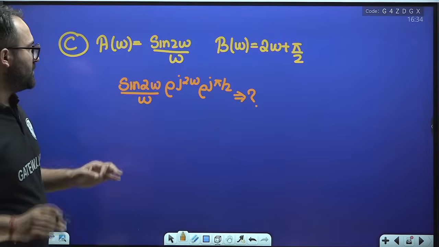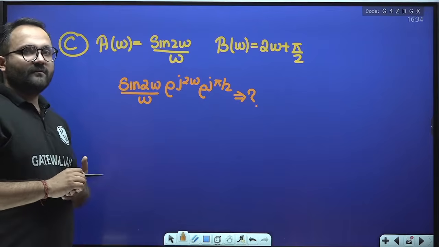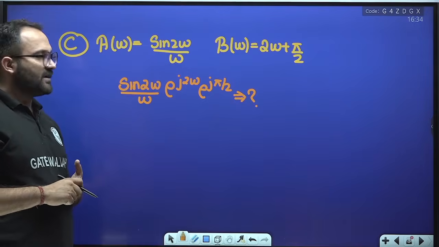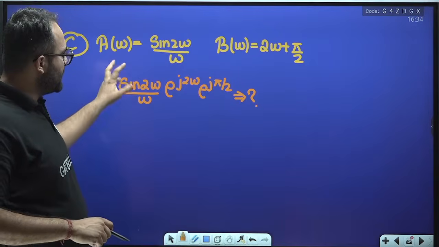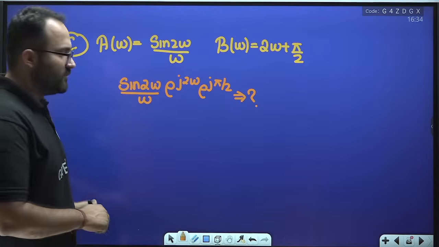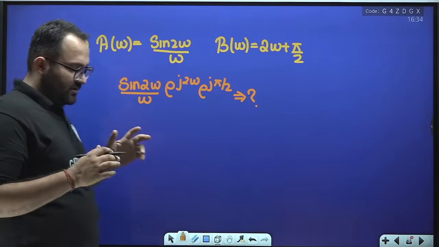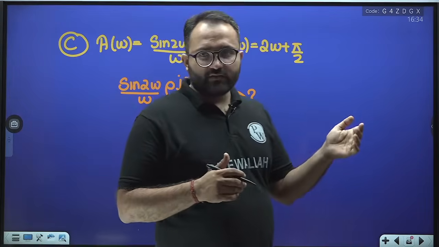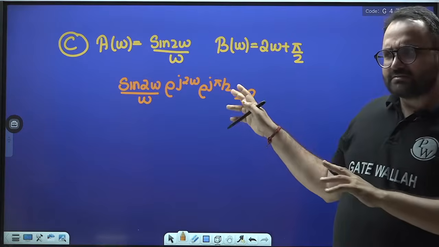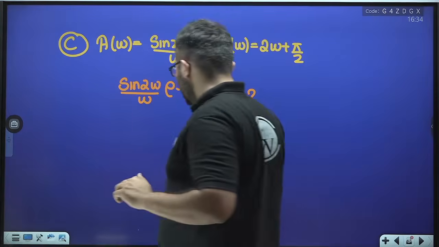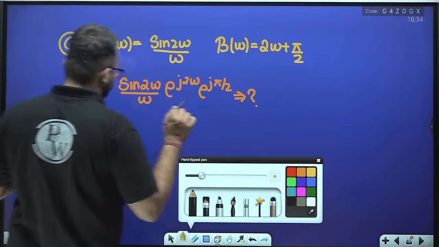Now we can see that, first of all let us see what is sine 2 omega upon omega. Now from the previous part of the lecture, we can see that the rectangular signal has this kind of Fourier transform.